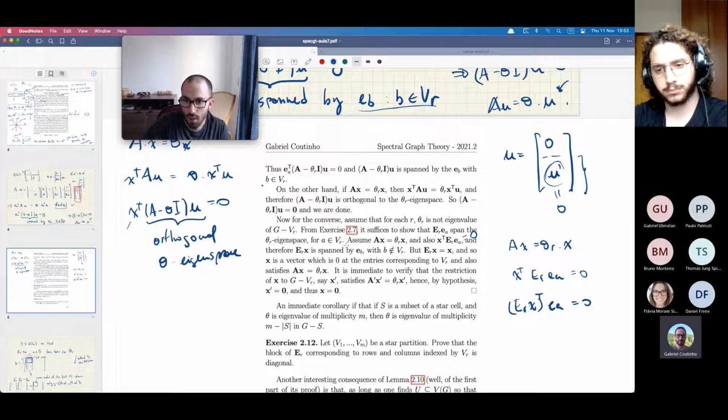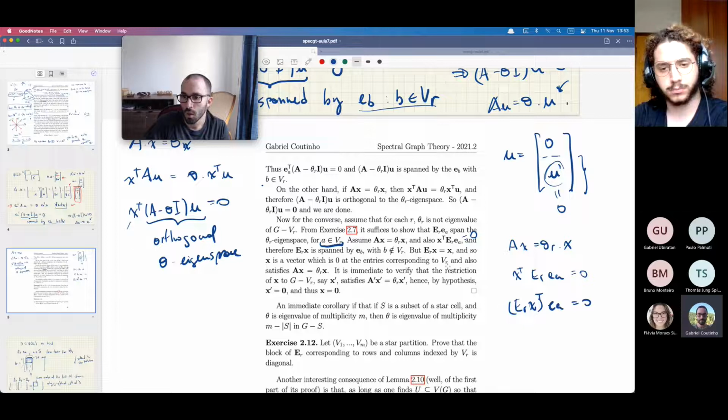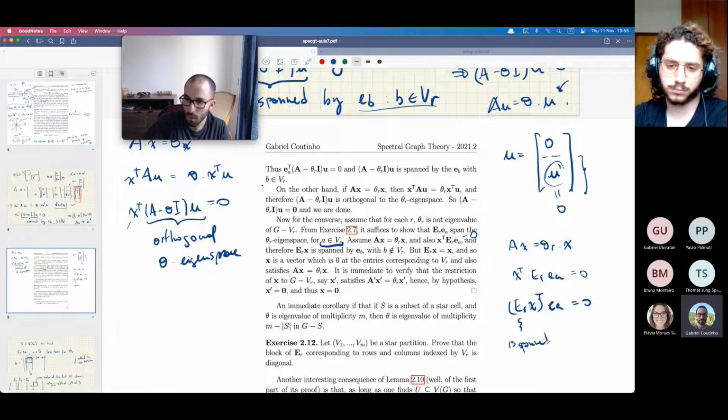So this a here is in VR, right? This means that this guy is spanned by E sub b for b not in VR, but x is an eigenvector, so E sub r x is equal to x.